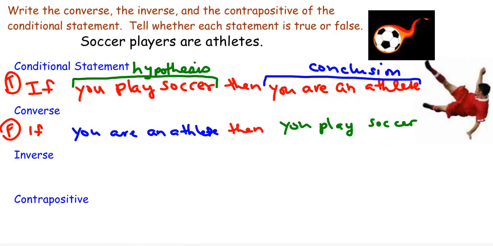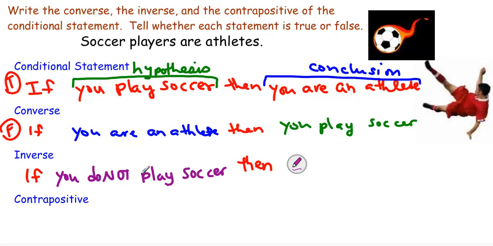Now, the inverse is when we put the nots in. So when I go to do the inverse, we're going to have if and then. That's never going away. But now we keep the order the same. So if you do not play soccer, then you are not an athlete. And I'm going to change my colors so they work out.